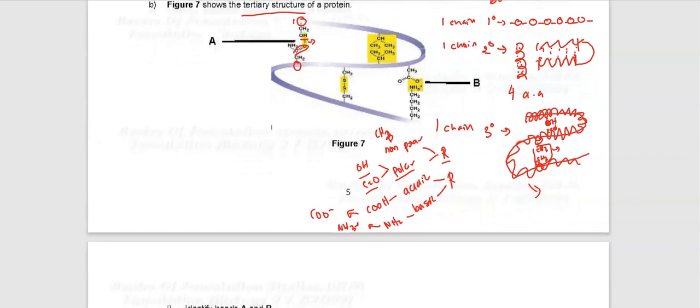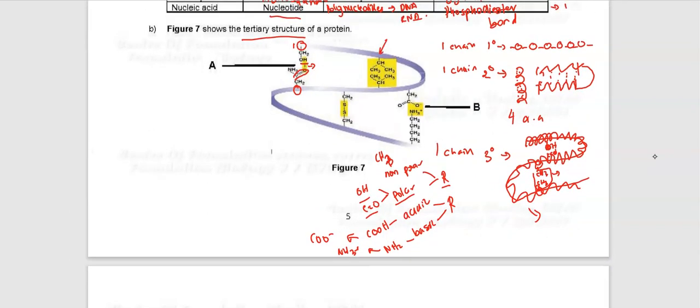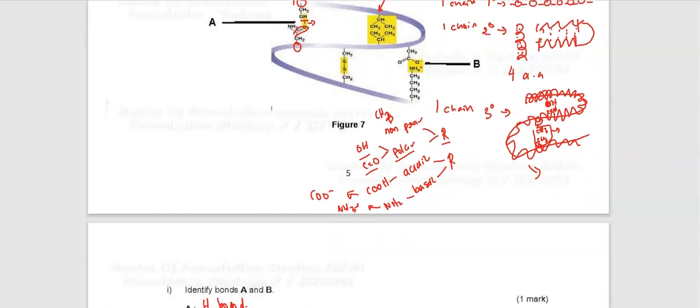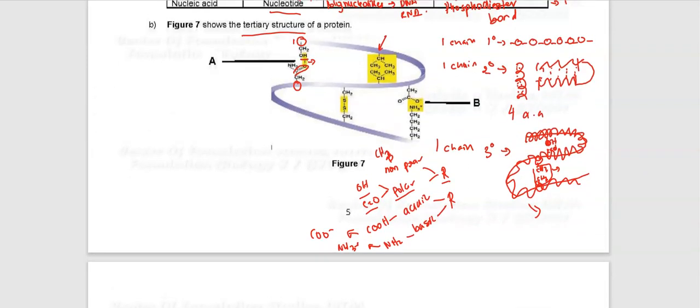And then for the next interaction, as you can see, I'm just going to explain to you the interaction. The interaction formed is between this amino acid that has hydrocarbons, and this amino acid also has hydrocarbons. So obviously the interaction formed is hydrophobic interaction. As you can see, this amino acid is of type non-polar.